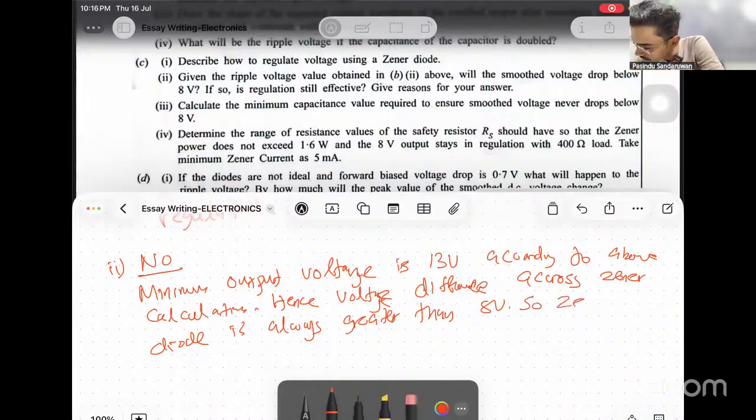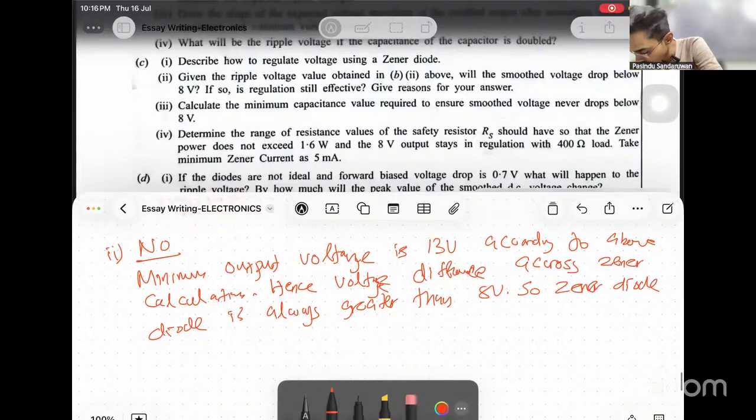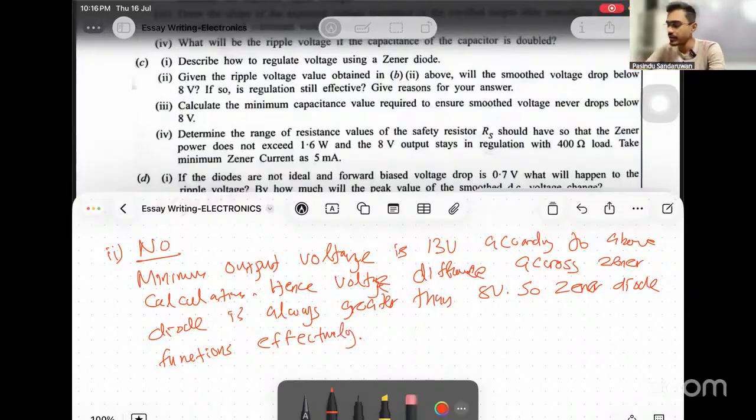So the Zener diode functions effectively.